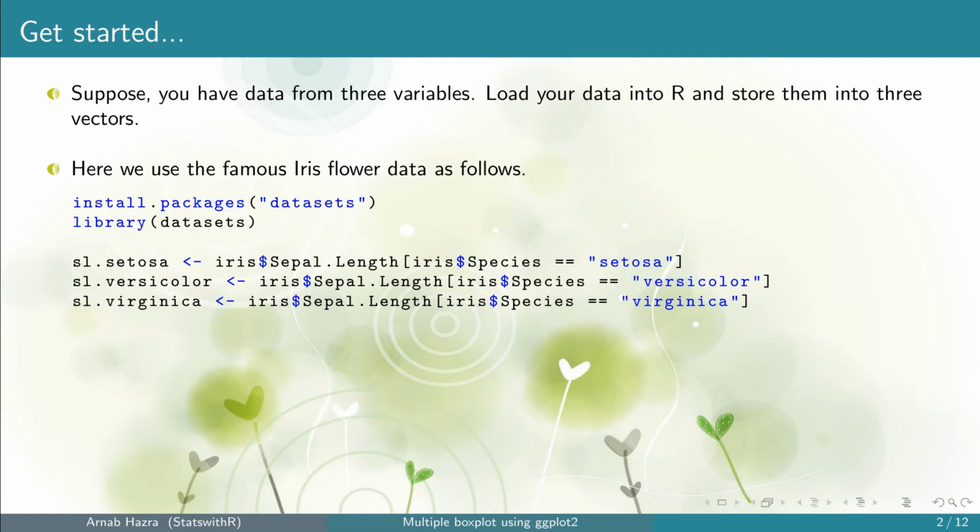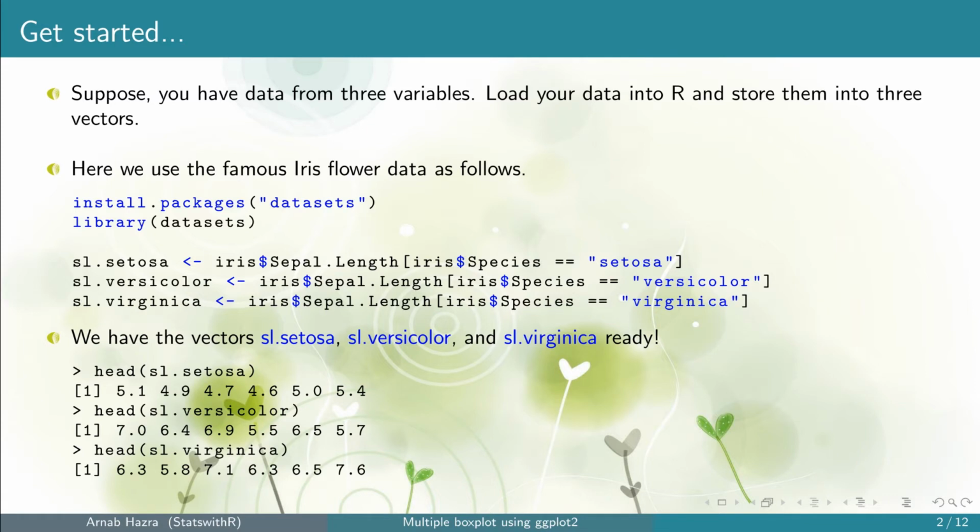So we separate the observations into three vectors: sl.setosa, sl.versicolor and sl.virginica. One can also use data frames to create the multiple box plot, but here we prefer to do it without using a data frame. For your other datasets, just replace these vectors with the ones you have.